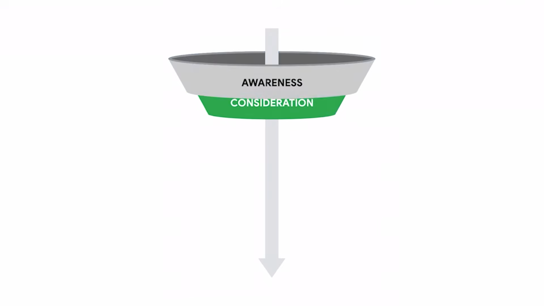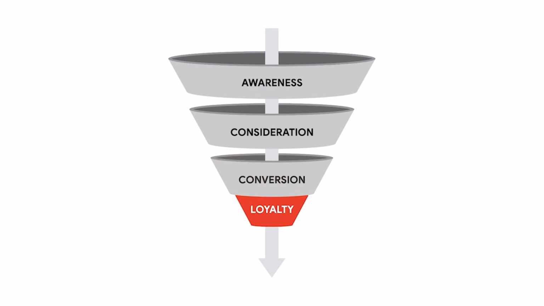The structure may be a little different depending on the business. For this course, we're going to focus on a 4-stage marketing funnel: awareness, consideration, conversion, and loyalty. In the following videos, we will break down each stage in depth and discuss marketing strategies. But before we start discussing the strategies, let's briefly go over the benefits of a marketing funnel.